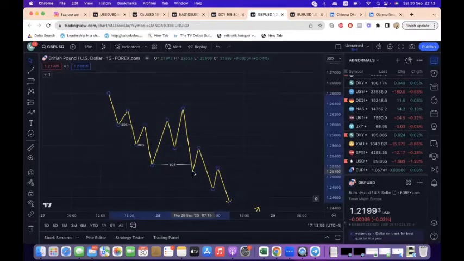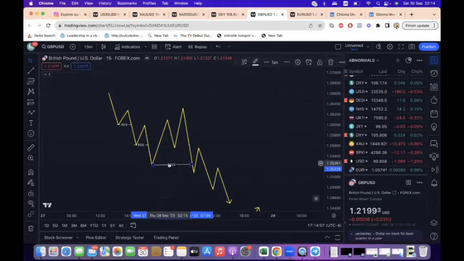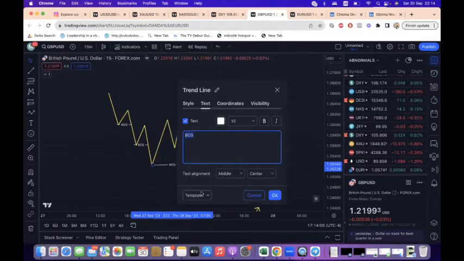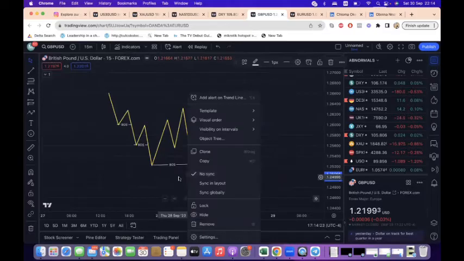It's the lows that are being broken in a downtrend. All right? Let me clone this more so that I can do it fast. Right there. So all these ones are what? Break of structure to the downside on a downtrend.